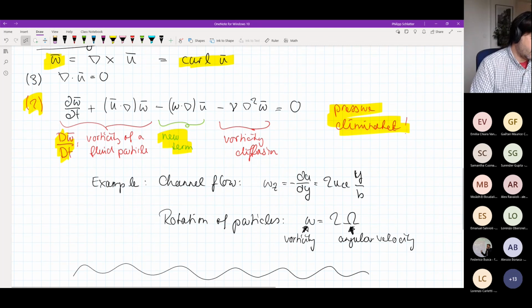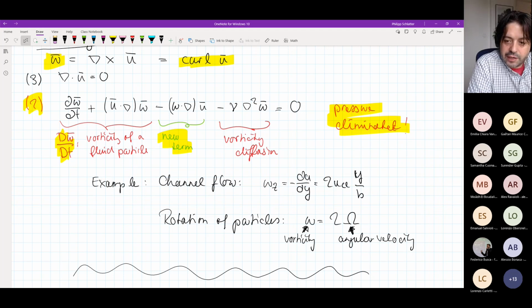Then the last thing that we also talked about was that we can consider the vorticity as being a measure of a local rotation of fluid particles. And there is actually a very easy relation between the vorticity and the angular velocity, which essentially comes from the velocity gradient tensor.